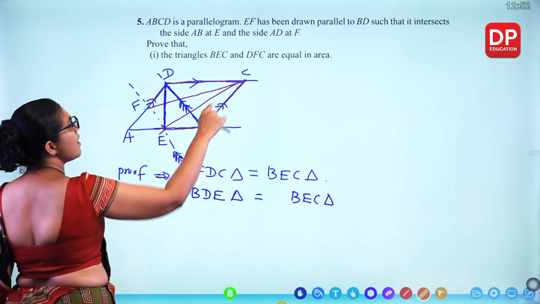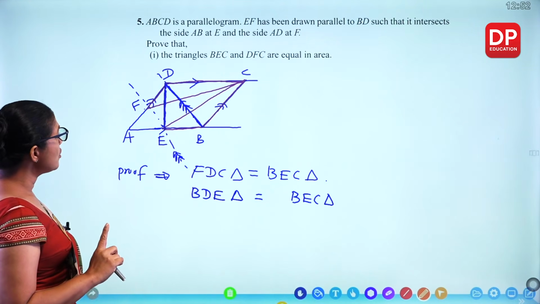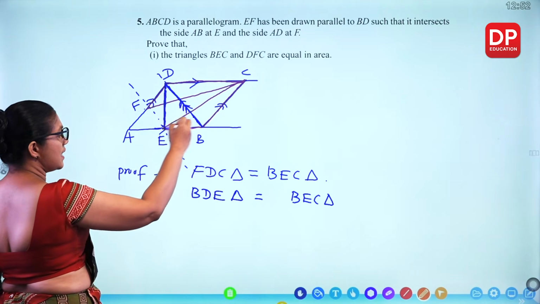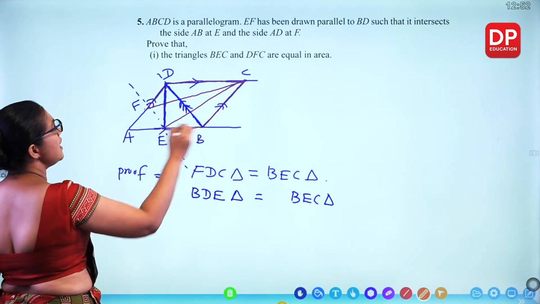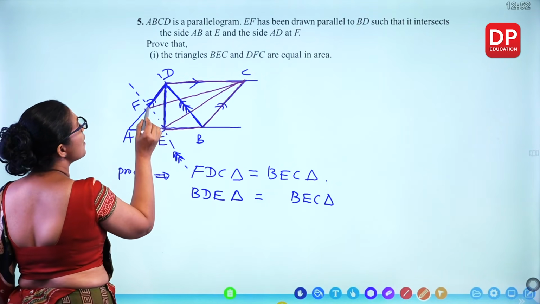So this area is equal to this area. And also I can write BDE area is the same as this one.